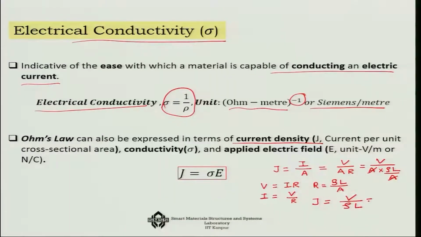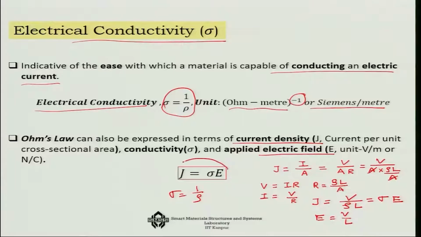And also, I have already said by definition sigma equals 1 over rho. So, we can write that as sigma, and this voltage per unit length is a new term. We can call it the applied electric field E. So, I can write it as J equals sigma E, okay, where E equals voltage over the length.